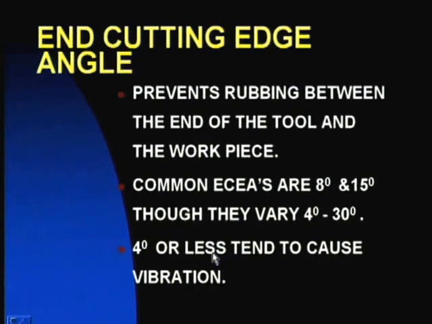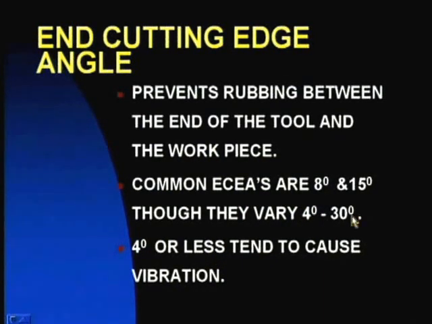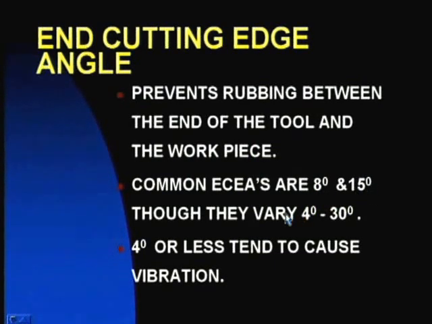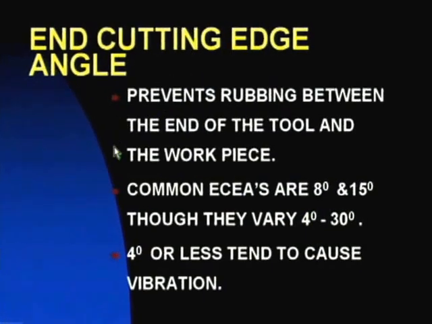When you reduce the angle below 4 degrees, it generally increases vibration, because the gap between the end cutting edge and the workpiece is very small, and due to unevenness in the workpiece, a little part of the cutting edge may rub directly against the workpiece, which creates vibration. That's why 4 degrees or less is not preferred. So it may vary between 4 and 30, and the generally taken angles are 8 degrees and 15 degrees. This is the end cutting edge angle.